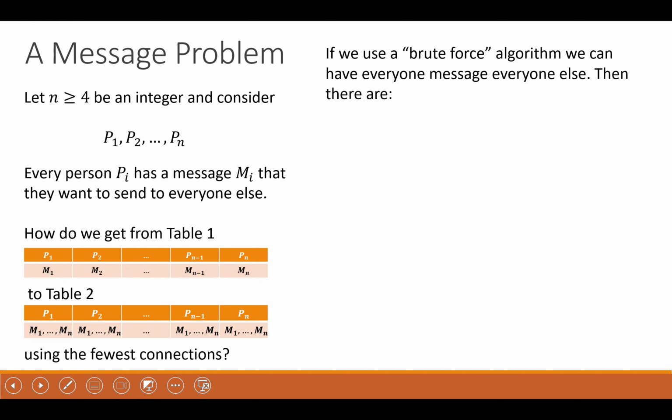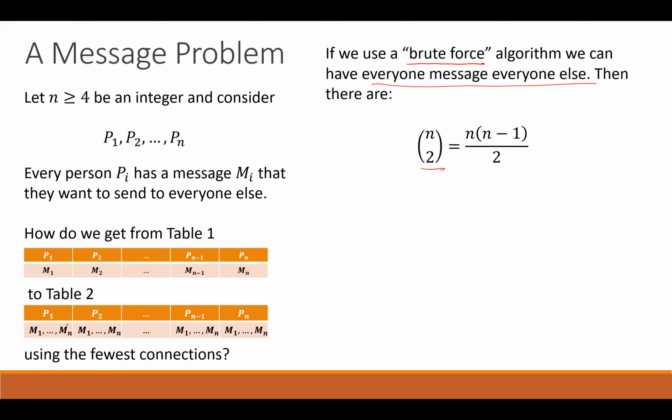All right, so our first stab at designing an algorithm, of course, is brute force. It's not going to be the most efficient thing, but it can help us understand the problem. What we can do is have everyone message everyone else, so everybody connects to everybody. Every time I have a connection, I'm choosing 2 people out of the n available.